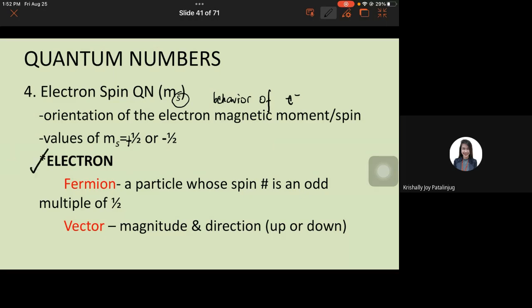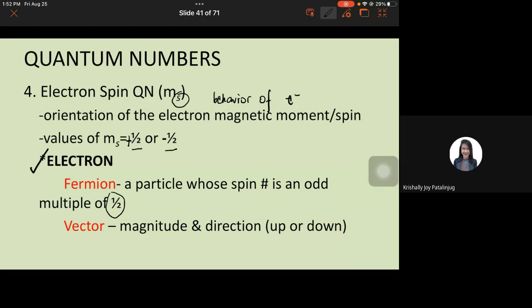In basic chemistry references, electrons can be classified as fermions. A fermion is a particle whose spin number is an odd multiple of 1/2. Okay, that is why it has this value, 1/2. So that's the reason it is classified as a fermion.